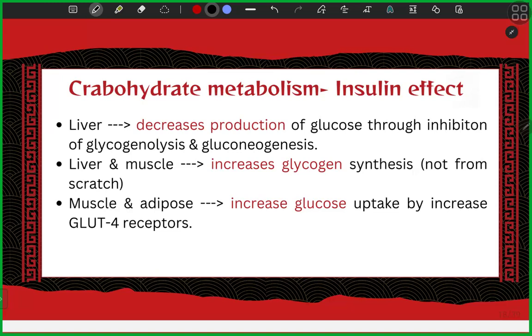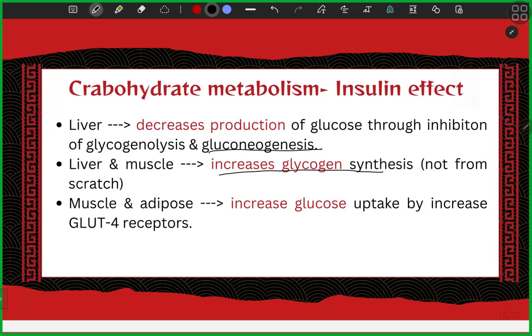The confusing part here is that it increases glycogen synthesis, and yet there is no gluconeogenesis. The difference is that it's not making it from scratch. It's just taking the already present glucose and making the glycogen. All right, that's the difference.